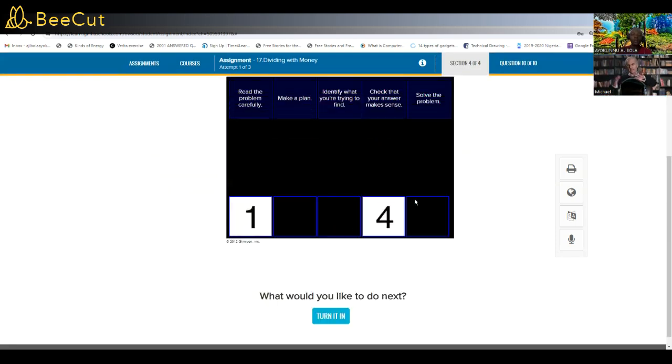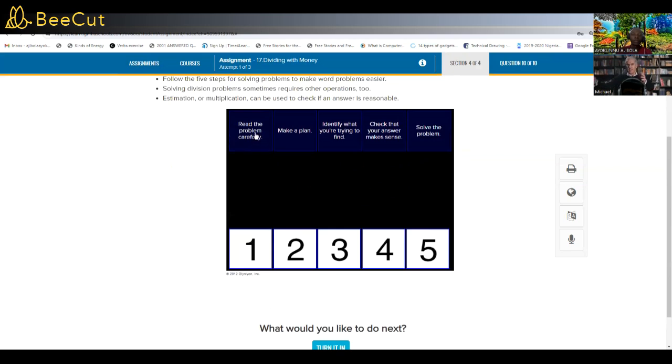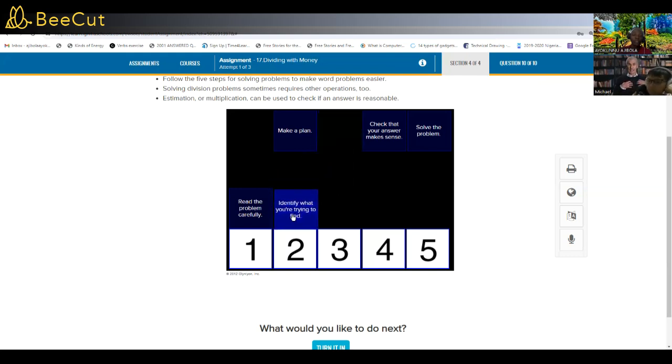Okay. So let's see this. What are the steps for solving a problem? Which one is the number 1? Read the problem carefully. Then, which one is the number 2? Make a plan. You make a plan after identifying what you want to find, right?